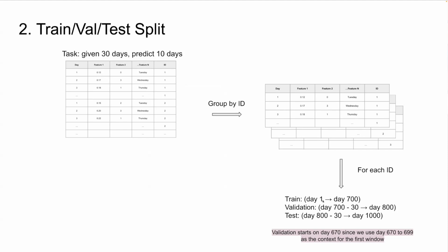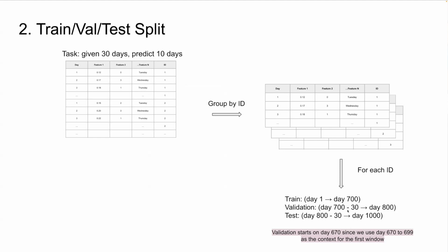The train will be 70%, just an arbitrary number I'm throwing here. So in this case, train is 70%, which means we use day 1 to 700 as the train split. And then validation will be 700 to 800, except that we don't really start at 700, because we're given 30 days as context.